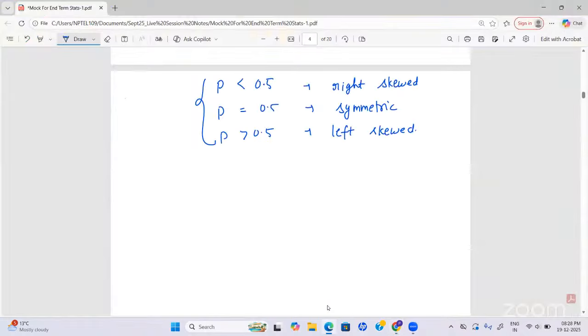Is this clear to everyone now? Ma'am, just a basic question. If the value of n increases, it will still be symmetric, right? Yes. So there is no point in mentioning that n is equal to 10 in this question, right?